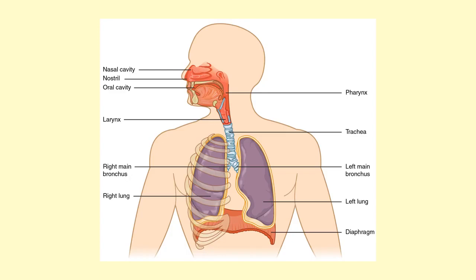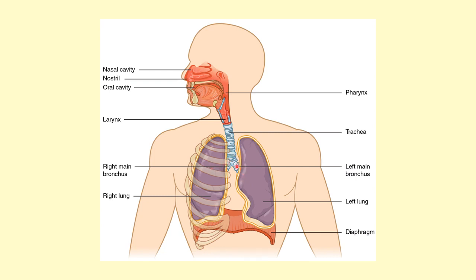If you look at this picture here, you can see the respiratory system and its components, starting with the nasal cavity, the nostrils and the nose. As you breathe in, the air circulates around the nasal cavity, goes down the pharynx to the trachea, which then branches to the left and right lung.